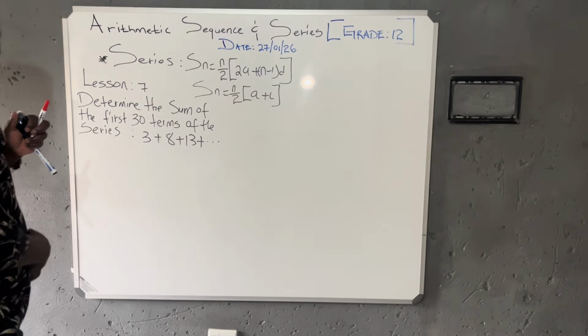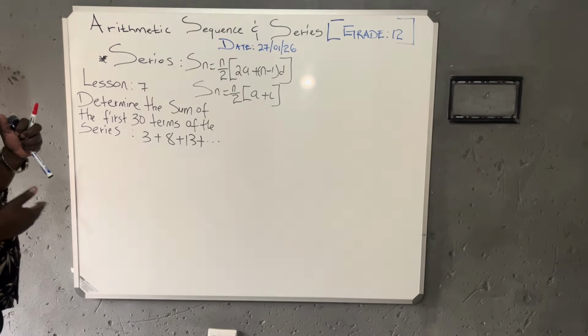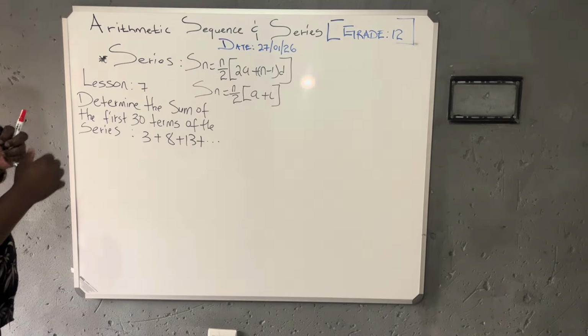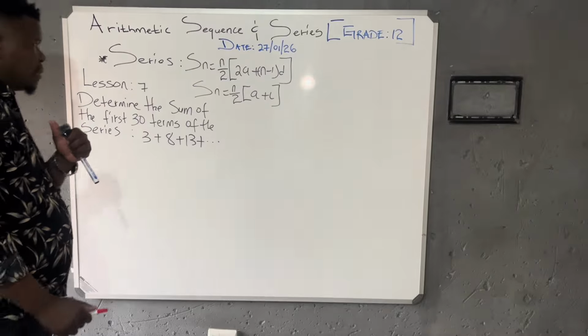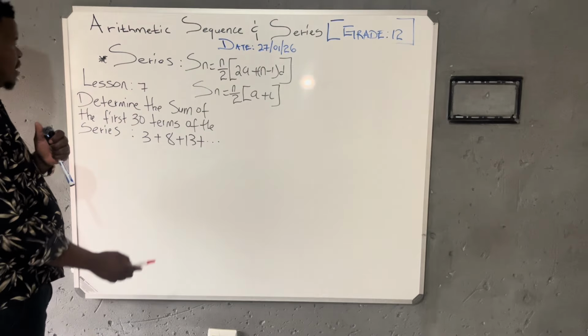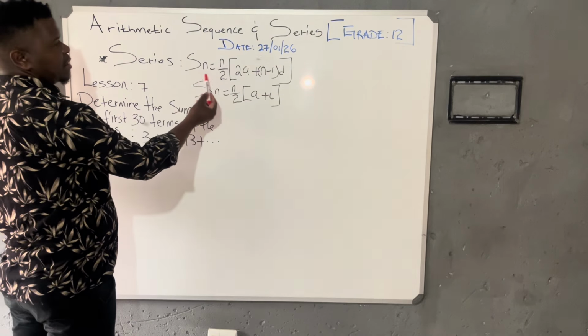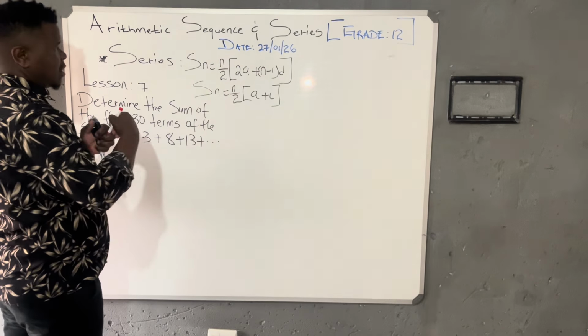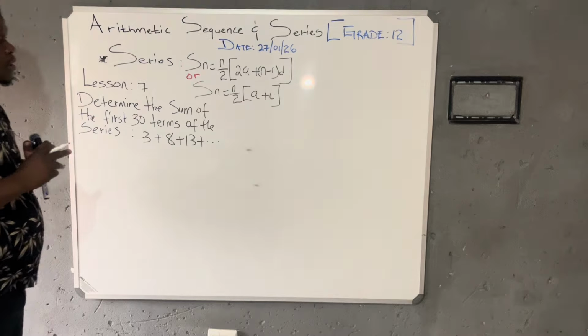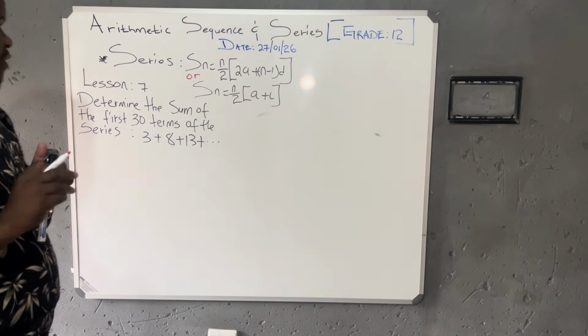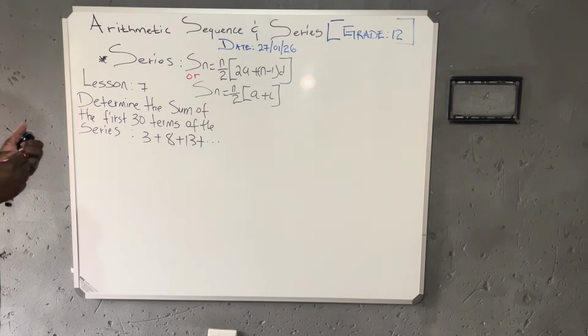Now, this is where we are moving from sequence to series. We are actually doing series under lesson number 7. Bear in mind that when you're talking about series, as you can see, the SN, there are two formulas, this one or that one. Be able to know when I'm using each of these formulas.